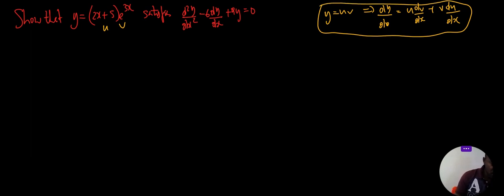So let's proceed. We can see that dy by dx is equal to 2x plus 5 times the derivative of e to the 3x. Now e to the 3x is a composite exponential function, and to differentiate the function, you differentiate the power, and you multiply by that derivative.